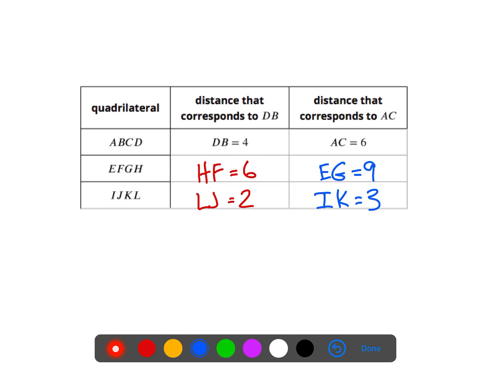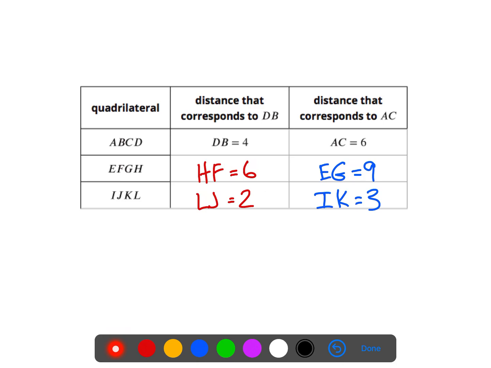Now, the second question says to look at the values in the table and comment on what you notice. One thing to point out here is that even though these distances are not sides of the figures, what we can actually see is that they're still following the same scale factor.